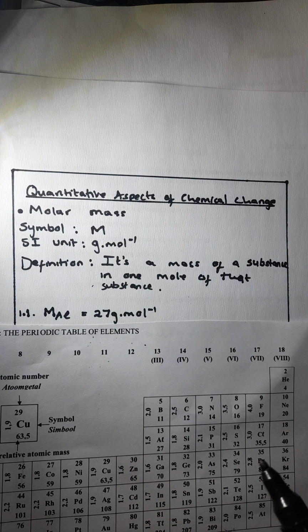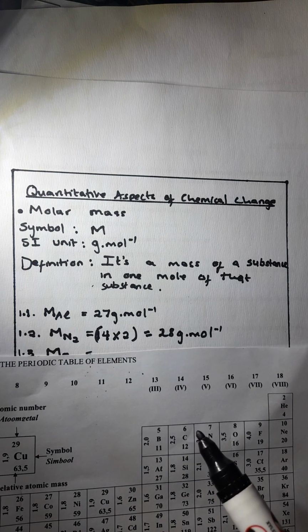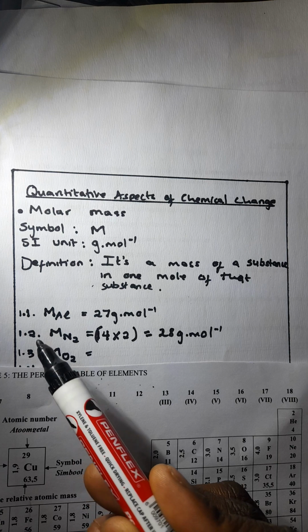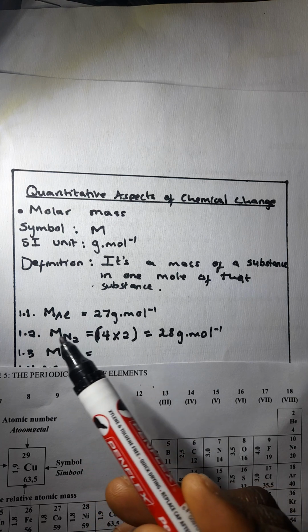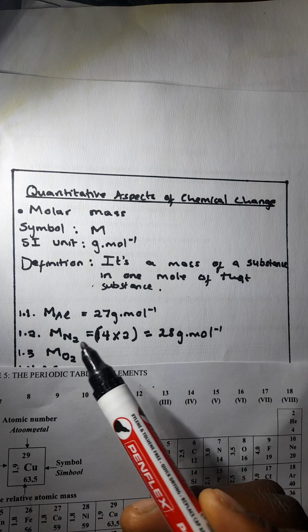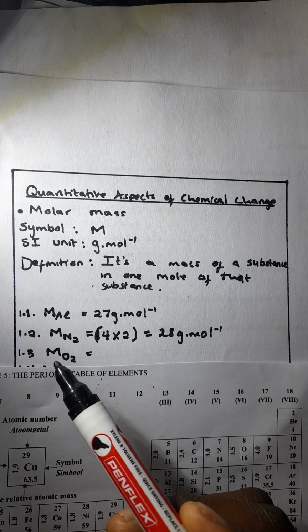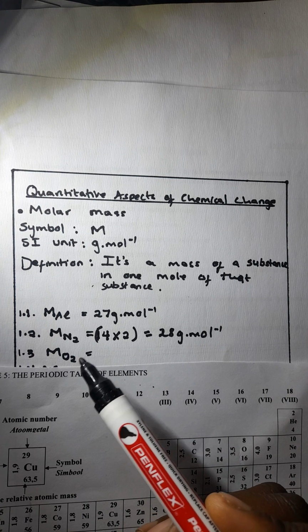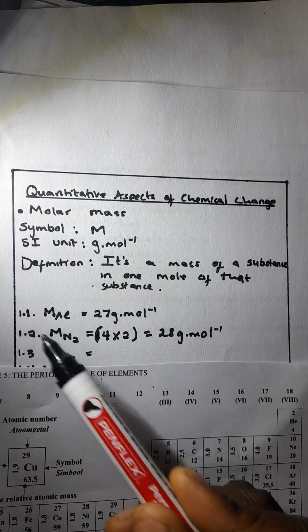Now let's look at the following example, 1.2. You can see it is a diatomic element, and 1.3 is also a diatomic element, whereas aluminium is a monatomic element.